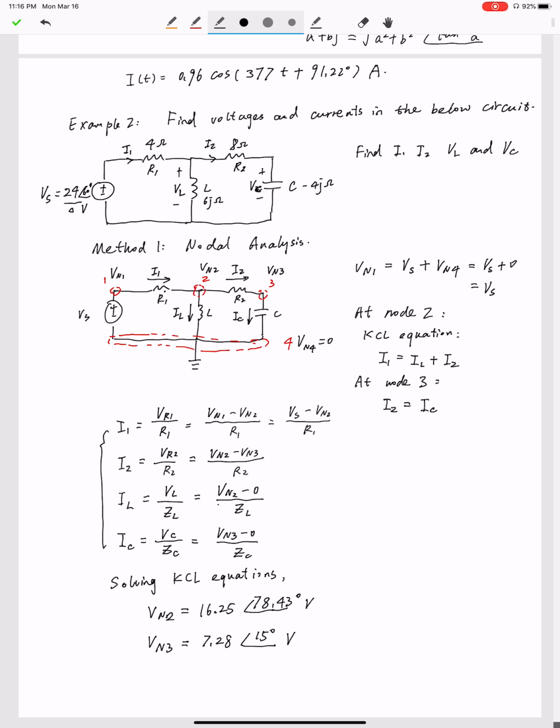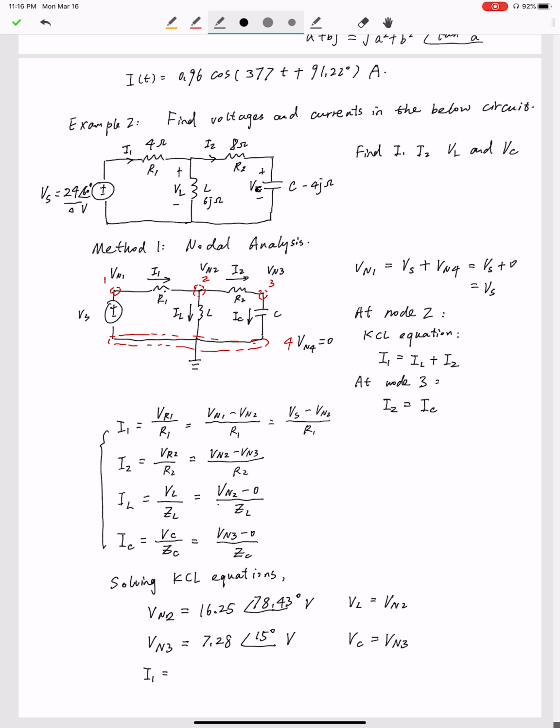So VL is Vn2, VC is Vn3, right? Alright, so the last question is, what's the value for I1 and I2?